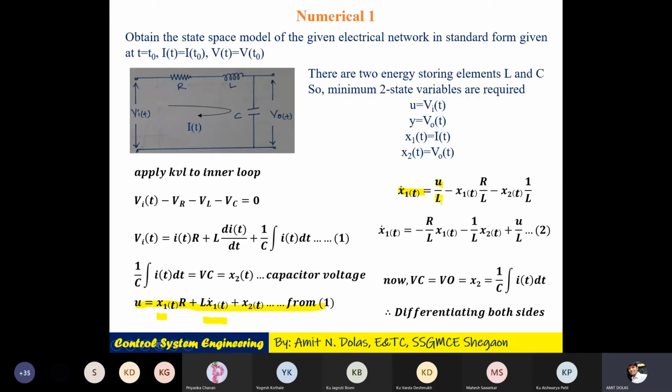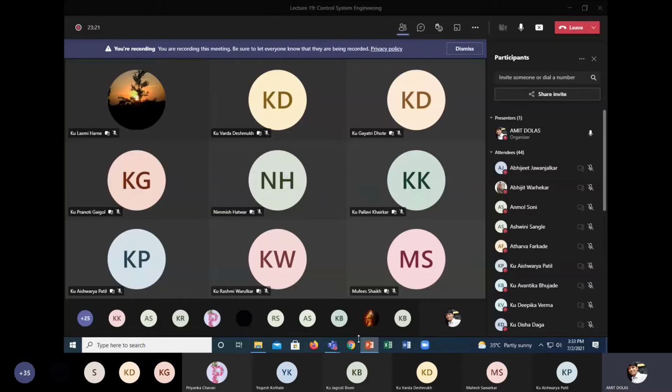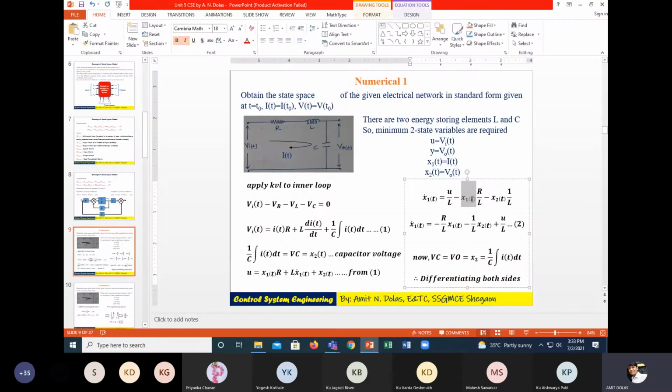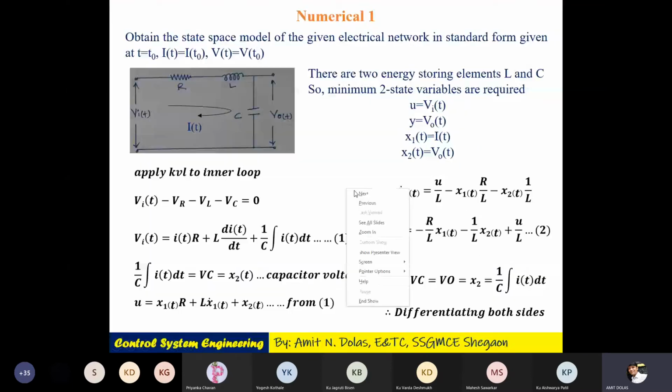Okay, so here I have x dot 1 of t is equal to u by L minus the coefficient of x1 of t, which is R by L, minus the coefficient of x2 of t, which is 1 by L.